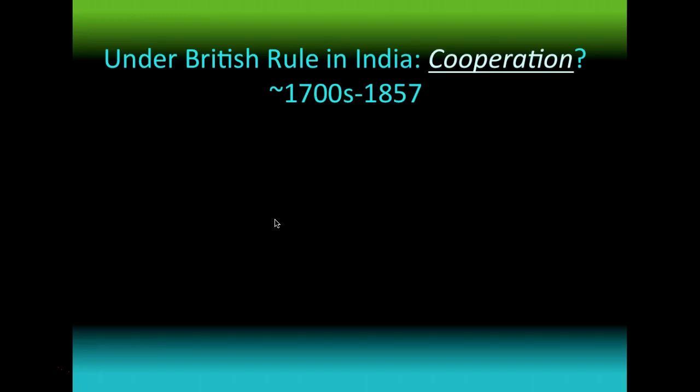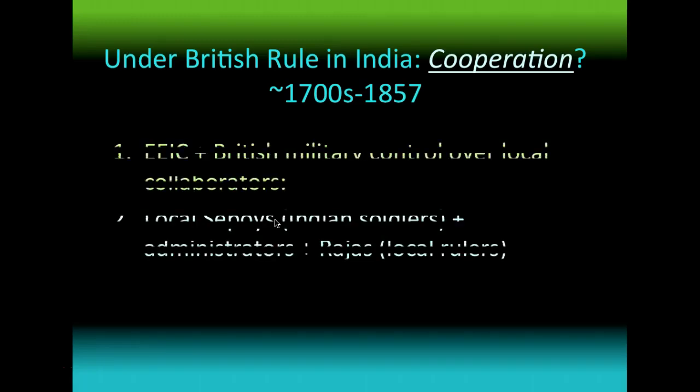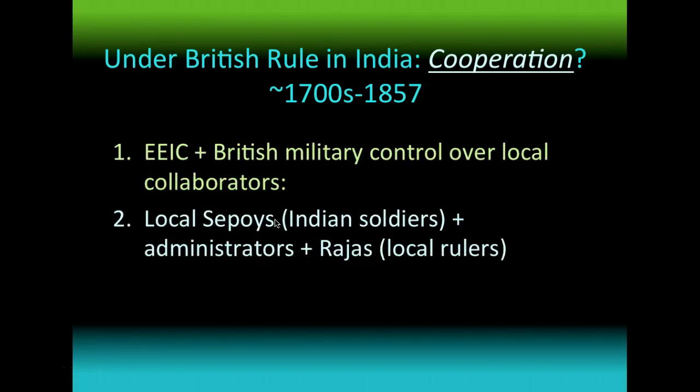Under British rule in India, was there cooperation from the 1700s until 1857? Yes, in a lot of ways, but it was a challenged form of cooperation. The EEIC and the British military had control over local collaborators.